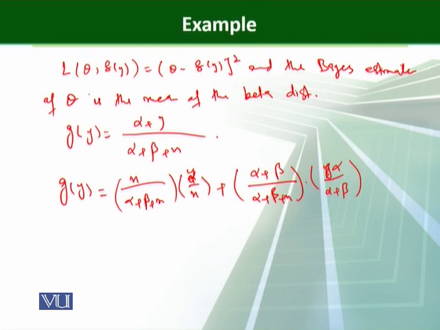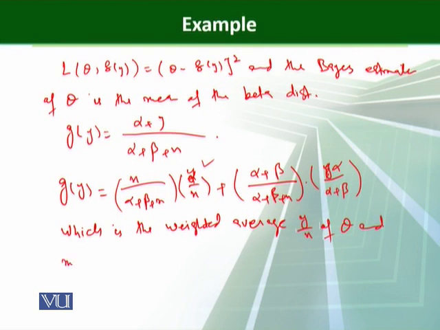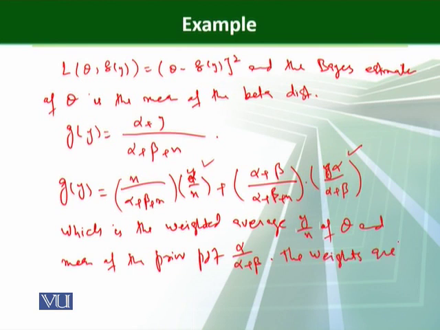So this is the weighted average of the MLE, y over n, this part of theta, and the second part, the mean of the prior PDF, which is alpha over alpha plus beta, and the weights are here, that is n over alpha plus beta plus n and alpha plus beta over alpha plus beta plus n.